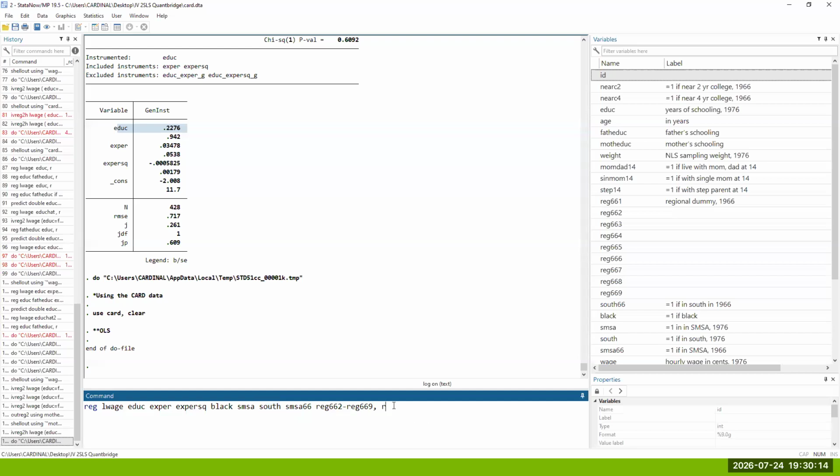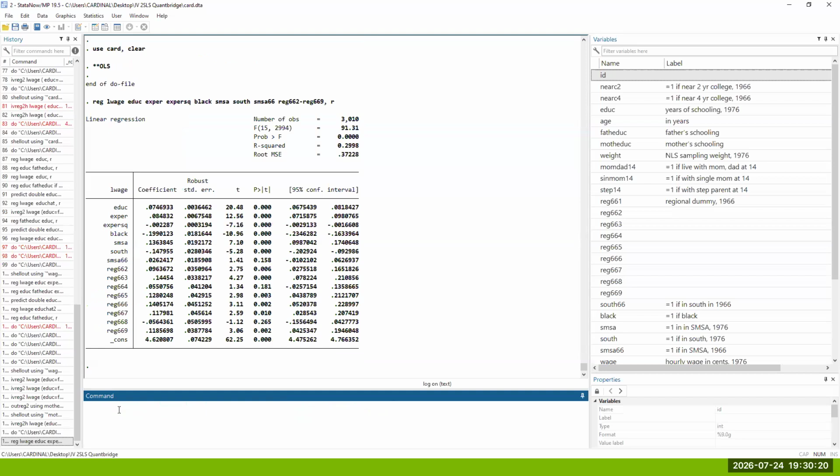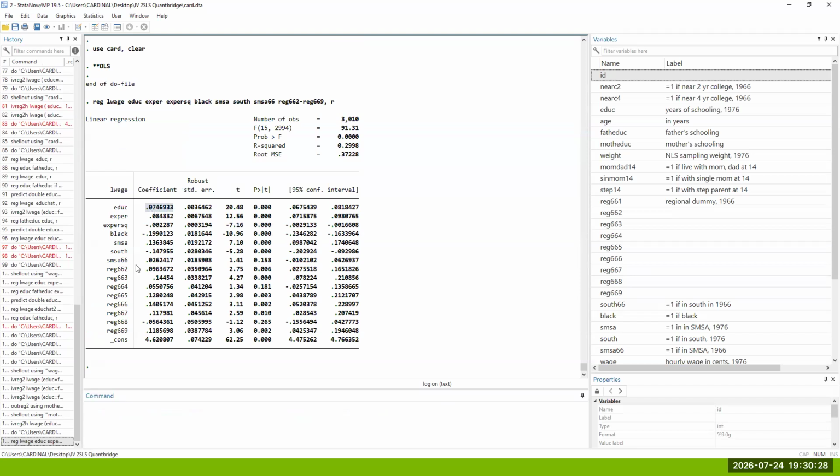This is not instrumental variable estimation. This is just estimating the effect of education on wage without addressing endogeneity. So just like you did initially, would you want to record this down for me? This is the effect of education on wage, 0.07469. Once you have that, give me a prompt.